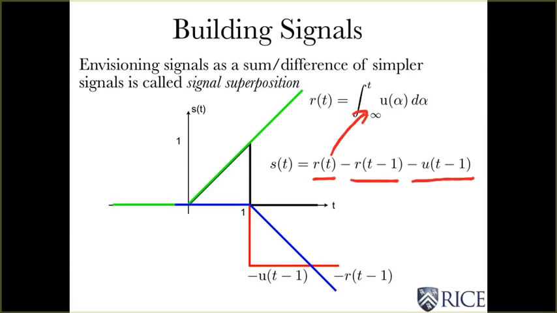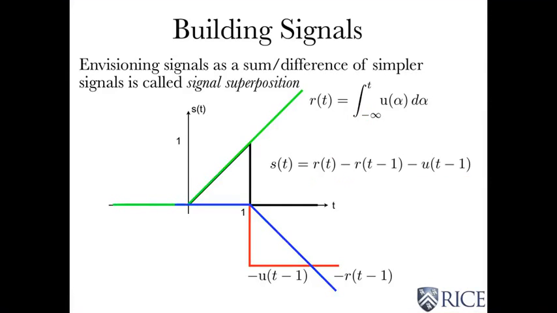So the unit step is the key thing in this signal, even though this early part of the signal doesn't look anything like a unit step. It turns out it lurks underneath inside an integral. That's kind of cool. We're going to use this over and over and over again as we go through this course.